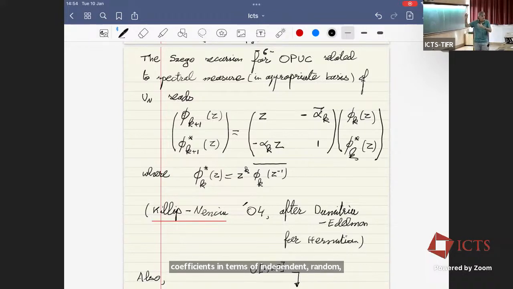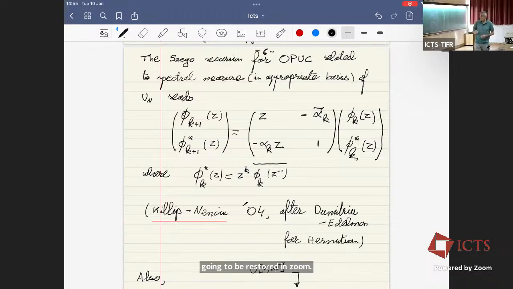The emphasis here is on independent. So we have now mapped our original problem into a question involving a string of independent random variables, which are not exactly Gaussian, but there are lots of them. So maybe some Gaussianity is going to be restored in the limit.